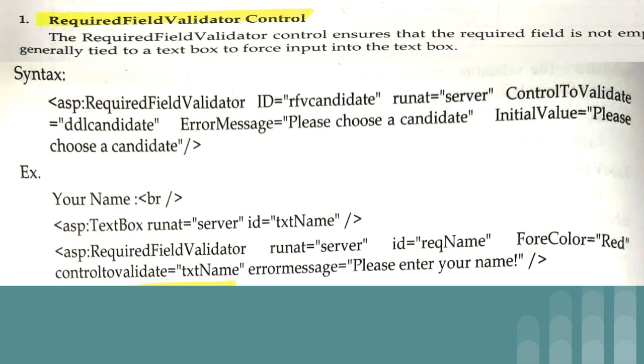And the next one is initial value. Initial value means that most of the time in some forms there are text boxes in which they give us an example, like enter city and the example is given, Mumbai, etc. That is the text which appears in the text box, and when we click on the text box to enter some value, that message will disappear and whatever you enter will be visible.